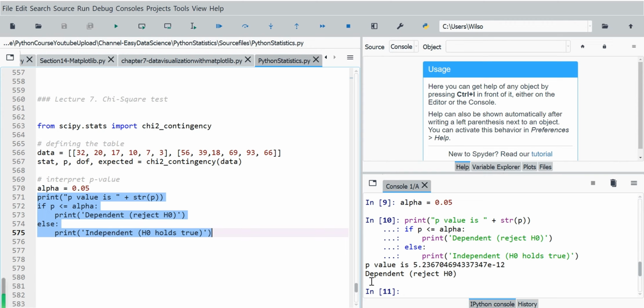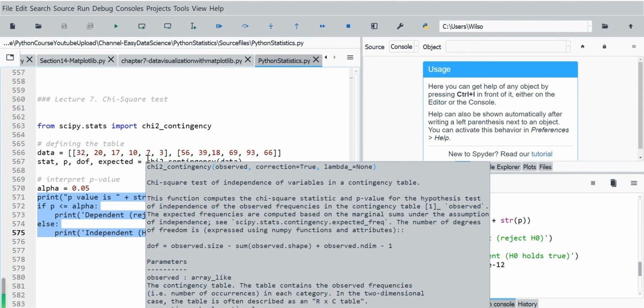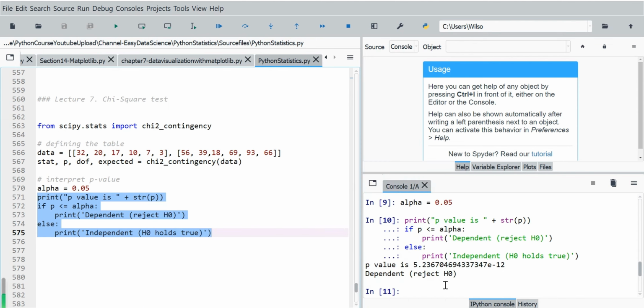So the result is dependent. These two variables are dependent because this table represents the contingency values between two variables. There are 2 rows and 6 columns, which means the first variable has two categorical values and the second variable has 6 categorical values. So the result is that these two variables are dependent, which means reject H0 because the p-value is much less than 0.05.